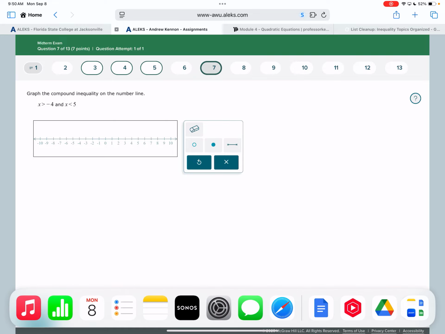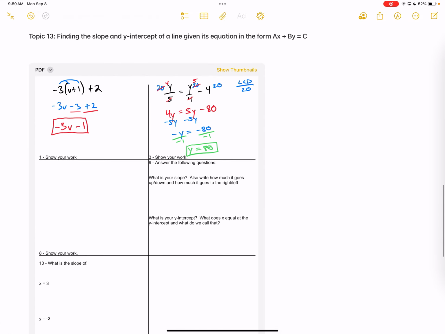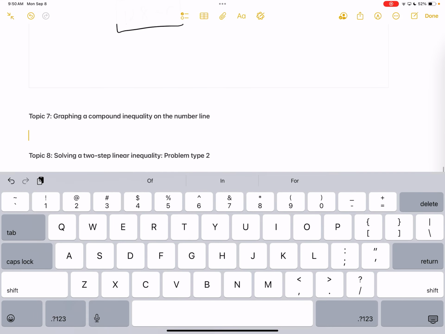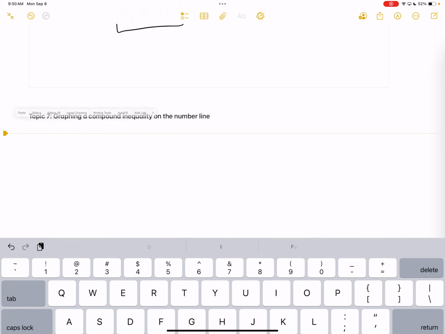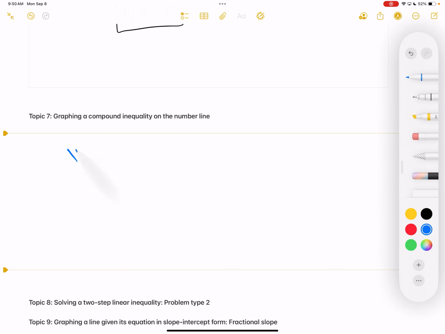Number 7, x is greater than -4 and x is less than 5.